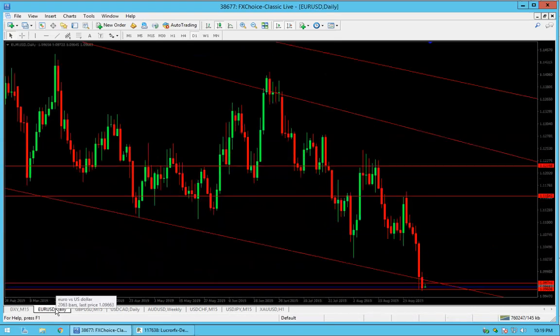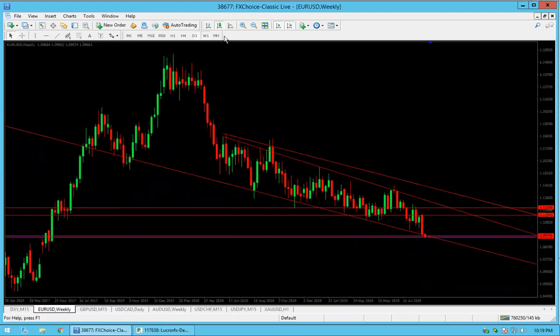Over to Euro USD. So of course I mentioned that this pair here correlates with the dollar index, and is currently in a bearish channel on the weekly. It's bottomed out in this channel and is what I am using as another confirmation with those pairs that I went over that I'm going to be watching for the week.